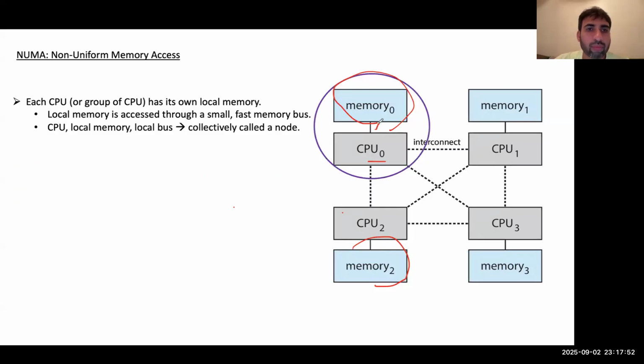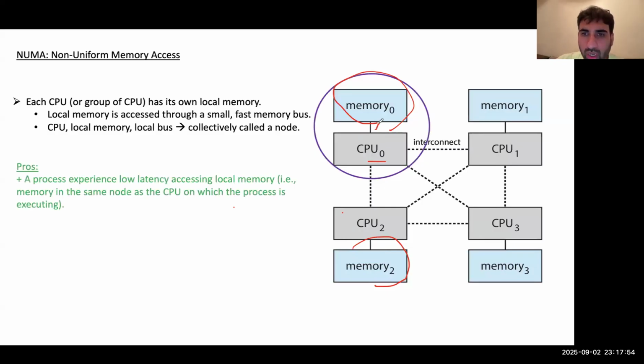The pro of this approach is that if you have a process A running on CPU 0 and it accesses some data X on memory 0, it will take less time for process A to access X as compared to accessing data Y on memory 3.